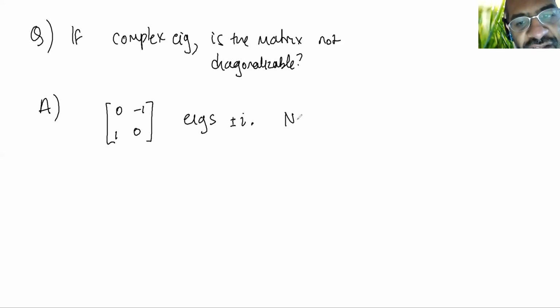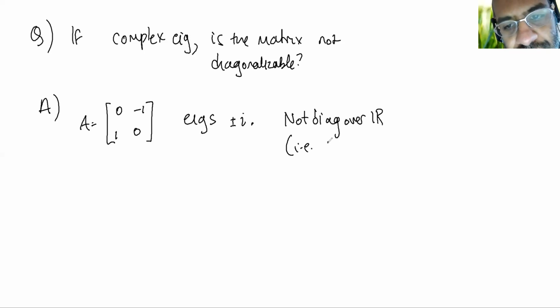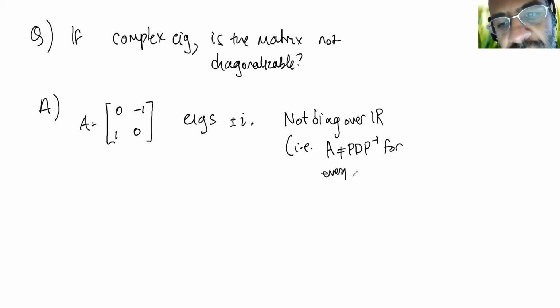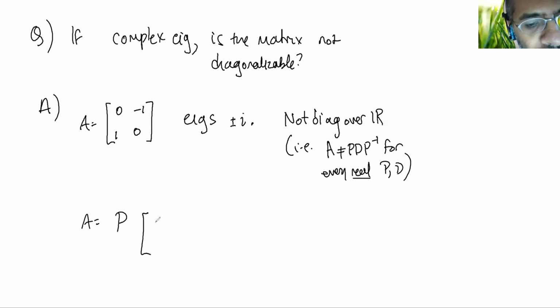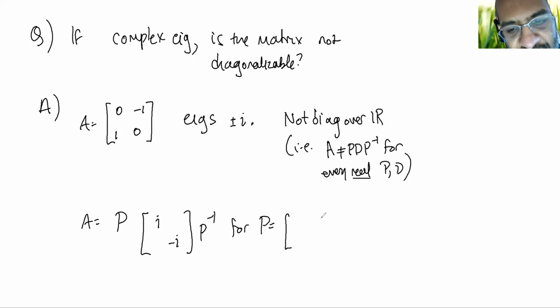This is not diagonalizable over R, which means it's not equal to PDP inverse for any real P and D. However, it is diagonalizable over C. So there's some matrix P, I think it's this.